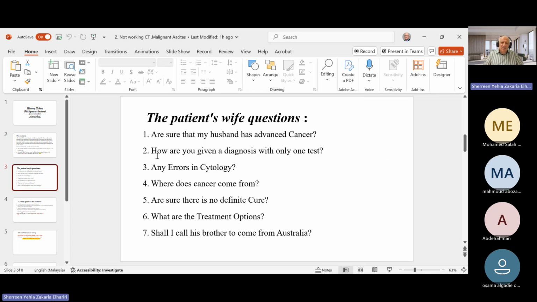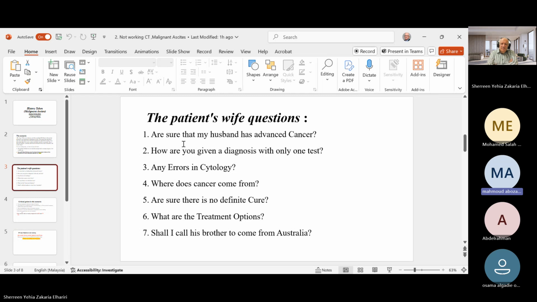All right. So, are you sure my husband has advanced cancer? Yes, we are sure. Only one test has been done, which is fine needle aspiration cytology. Are you sure? Yes. Fine needle aspiration cytology is an accurate test.